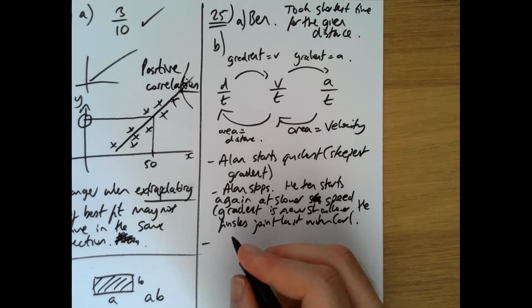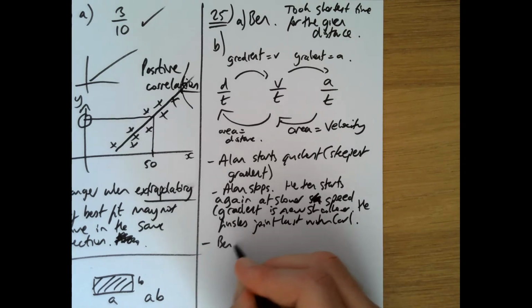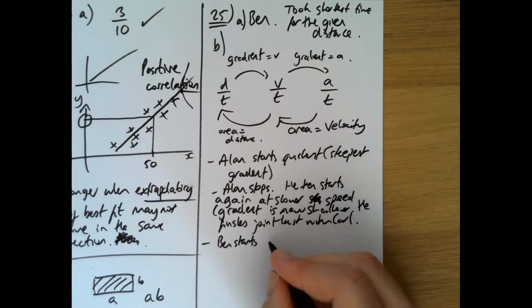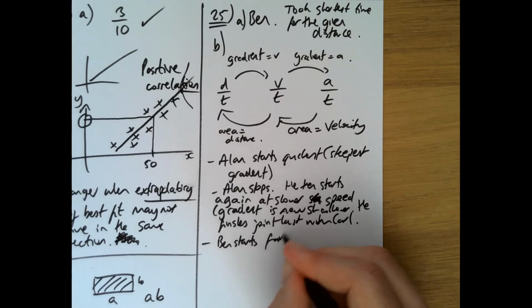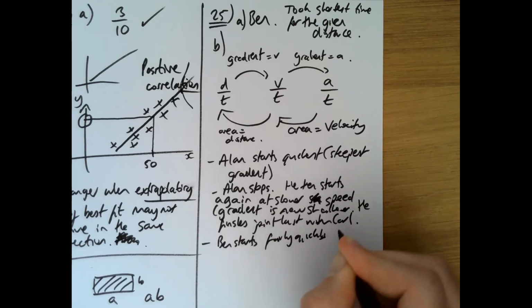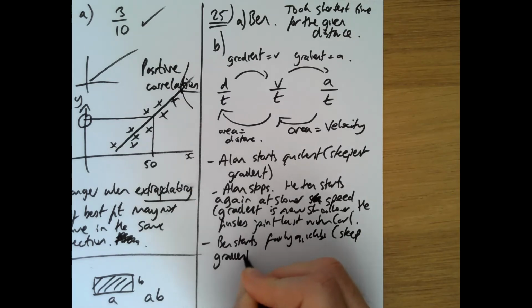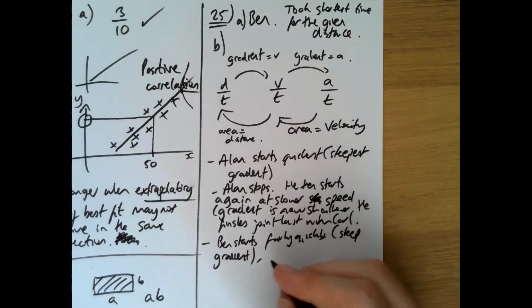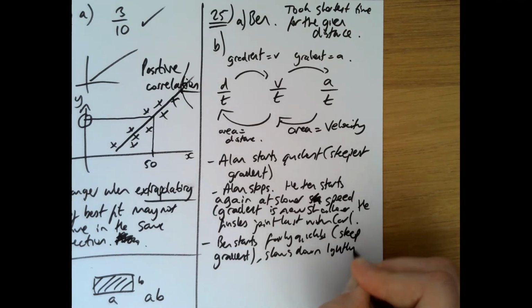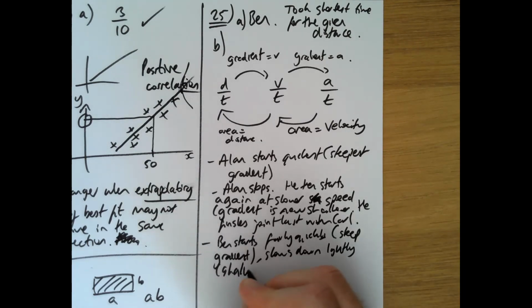Right, let's talk about Ben. Ben starts fairly quickly. Steep gradient. Just such a long-winded question. He slows down slightly as it gets a bit shallower. Shallower gradient. I'm always like an essay.